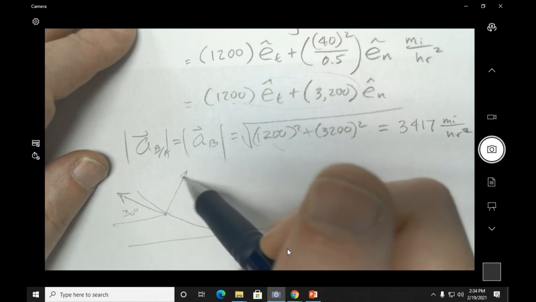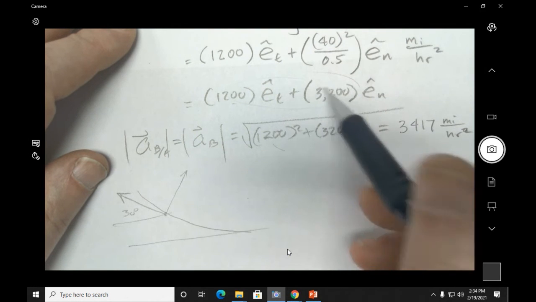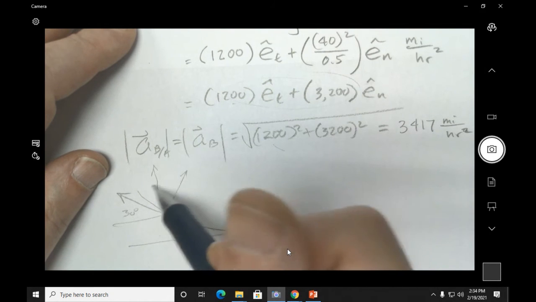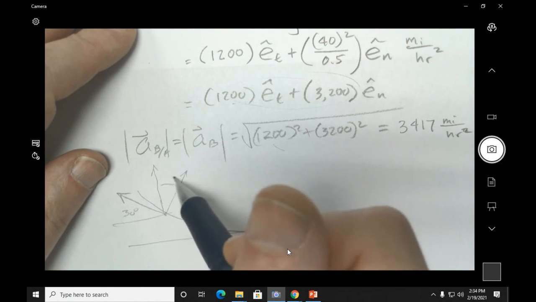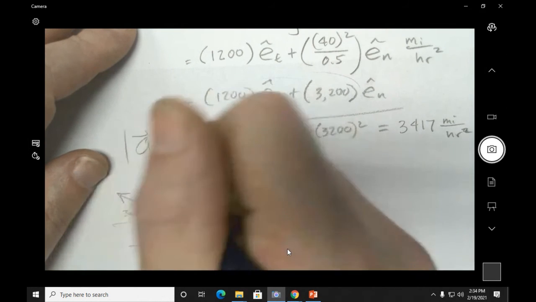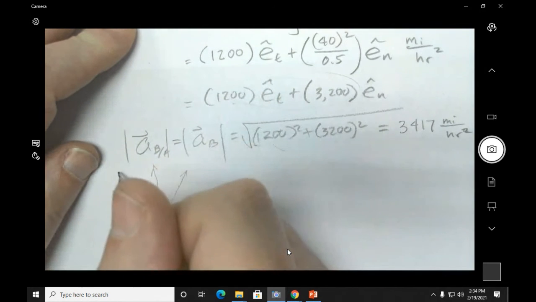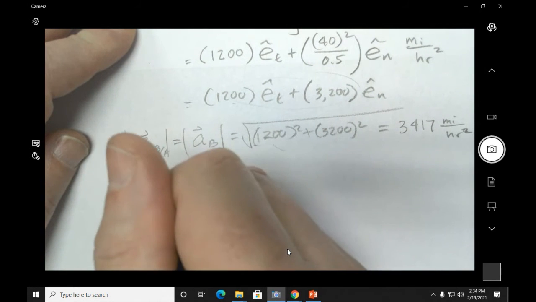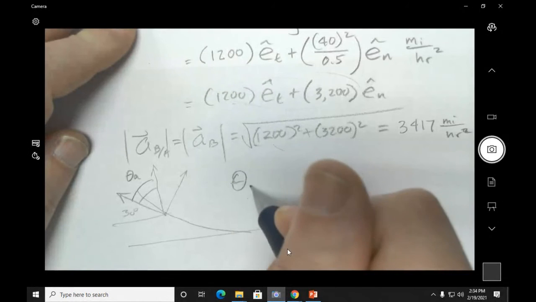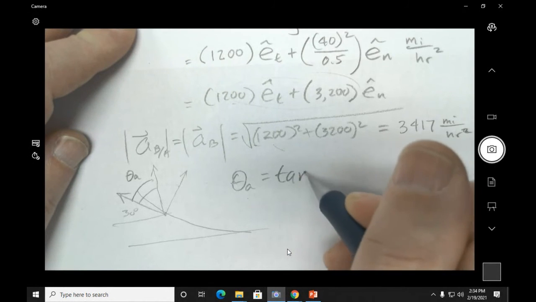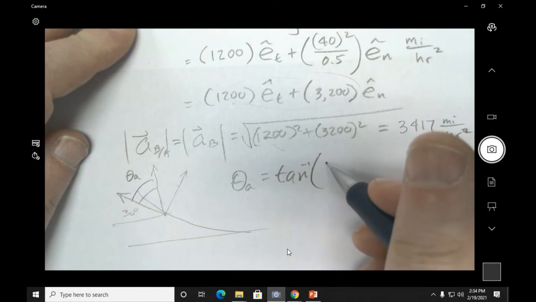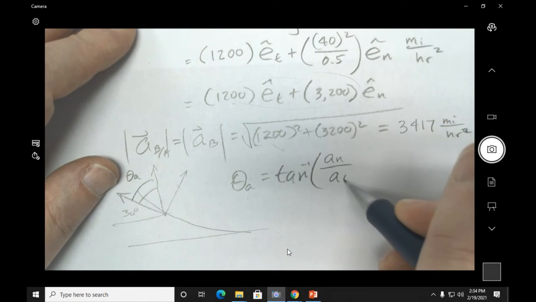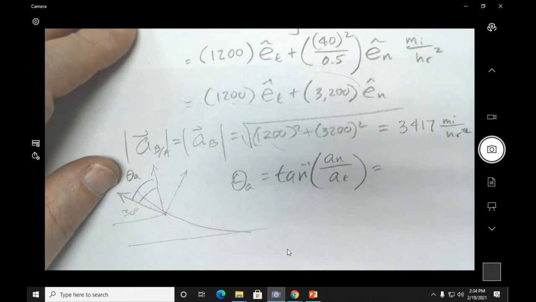Whichever way we go with the rise and the run, we have this magnitude, and we're able to figure out where that angle is. It's probably easier to find that angle right here. So we could take this angle right here, and we could find the inverse tangent of rise over run, which is going to be the normal component over the tangential component right there.